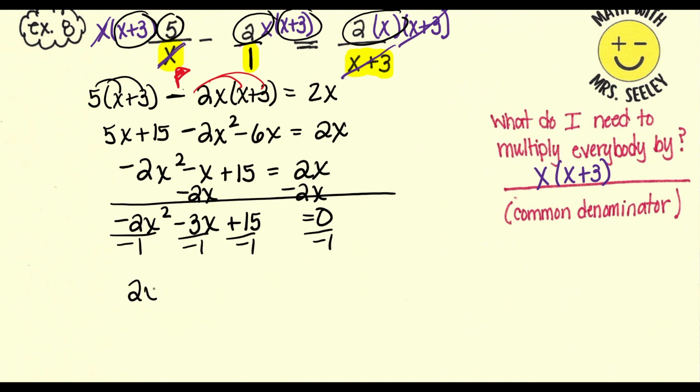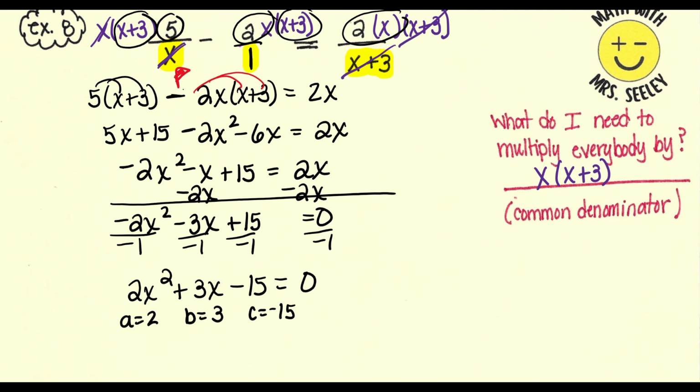So I get 2x squared plus 3x minus 15 is equal to 0. Now, I would try to factor this if I could, but it's not going to factor, so we're going to have to use the quadratic formula, where our a value is 2, our b value is 3, and our c value is negative 15.